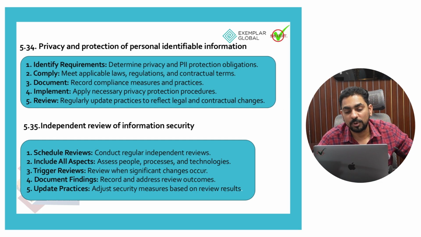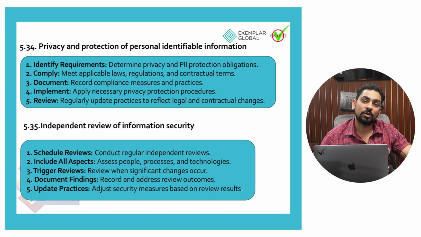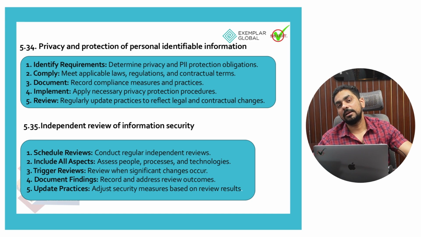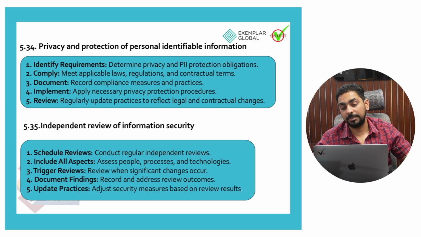So, privacy and protection of personal identifiable information, we already spoke about it. The standard 27001 talks about information security, cyber security, and personal information security. What is personal identifiable information?